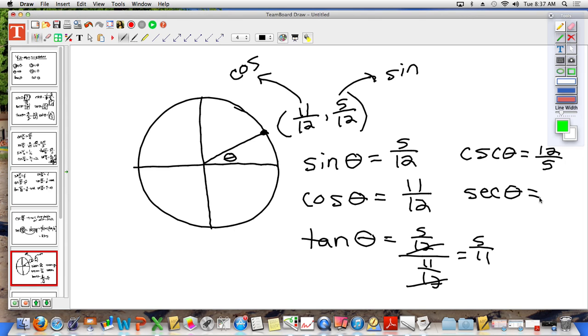You just flip the cosine, so it's 12/11. What about the cotangent, excuse me? Cotangent of theta is going to be equal to 11/5. Yep, 11/5. Not bad, right?